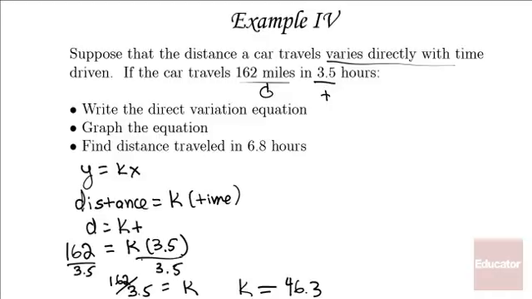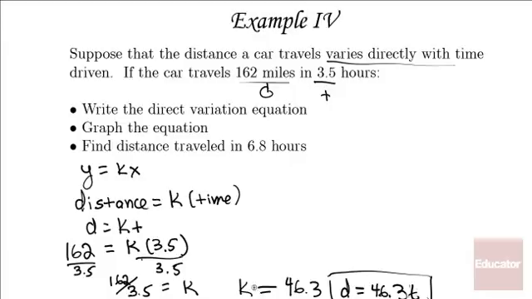Now that I've found the constant of variation, I can go ahead and write this as d equals 46.3 t. So actually we have accomplished our first task.